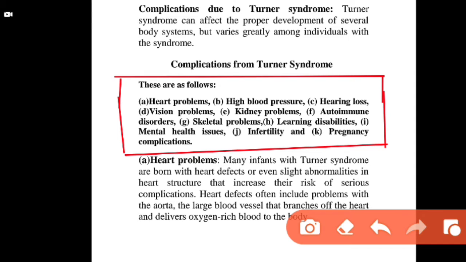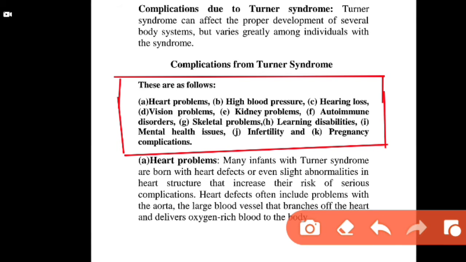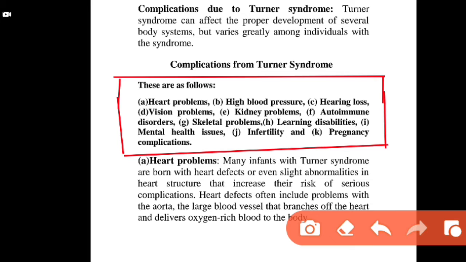So we have divided the complications due to Turner syndrome into 11. Now let us know about the details of these complications.